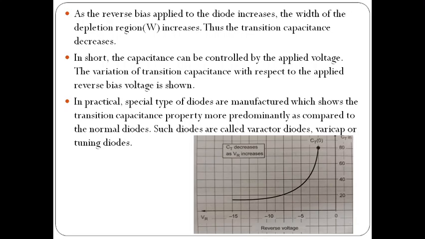In short, we can say the capacitance offered by the diode is controlled by the applied reverse bias voltage. The variation of transition capacitance with respect to the applied reverse bias voltage we can observe in the graph. When we increase the reverse bias voltage, the transition capacitance decreases.